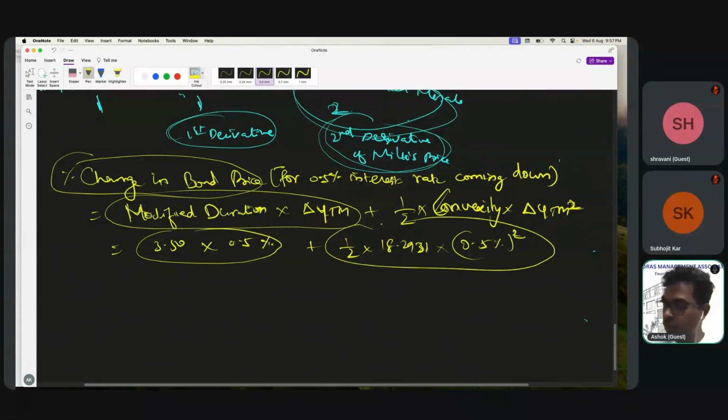So solve this now. First tell me this part's value. 3.50 into 0.5 percentage is 0.0175. Plus this number, the second part.